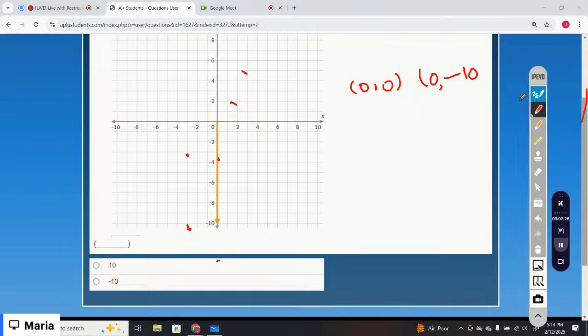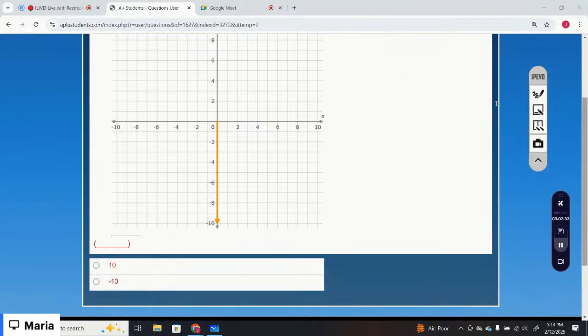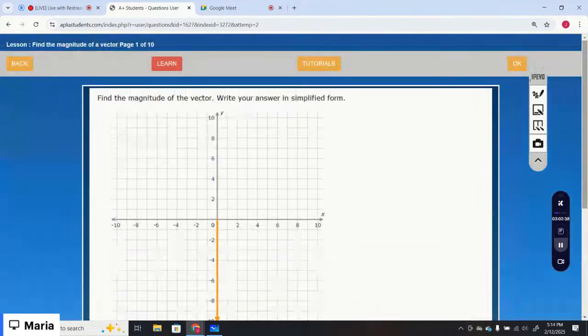So the magnitude of the vector is, if you just subtract their y coordinates, negative 10. So option number 2 is the correct option. The magnitude of the vector is negative 10.